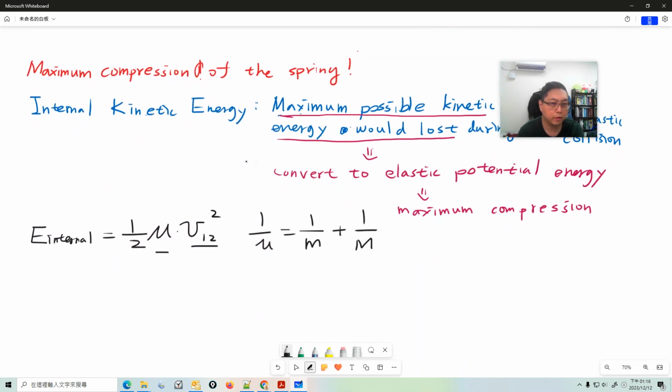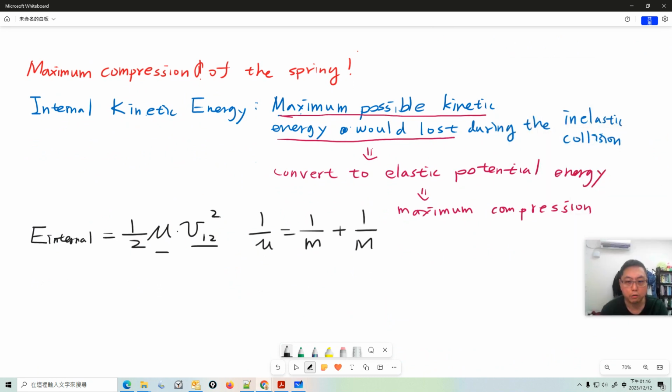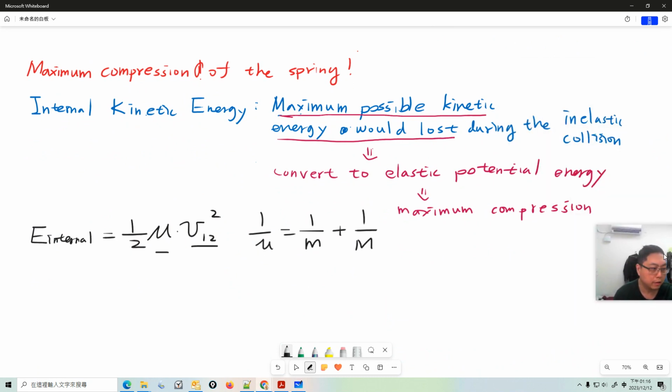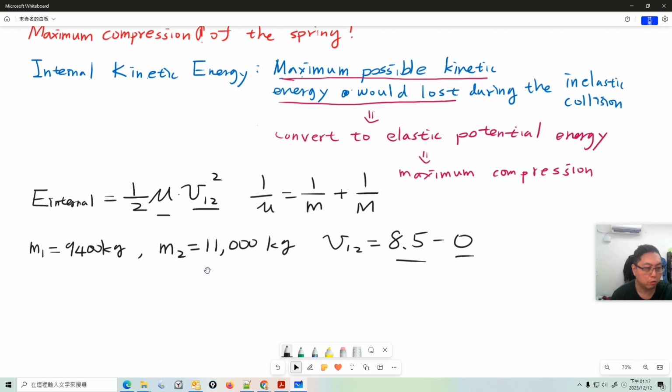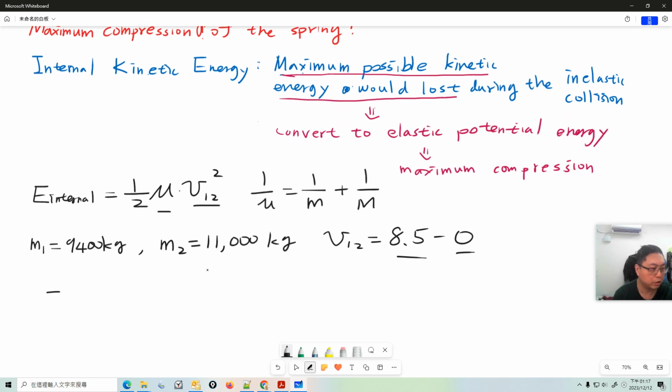M1 is 9400 kilograms. M2 is 11,000 kilograms. And V12 is 8.5 minus 0, because initially one is at rest and the other has velocity 8.5.